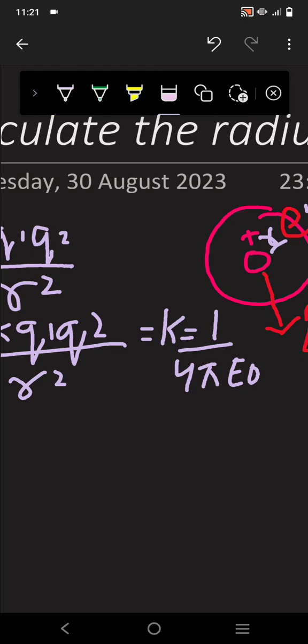I'm sorry, let's just do a little bit of correction, it's r square.